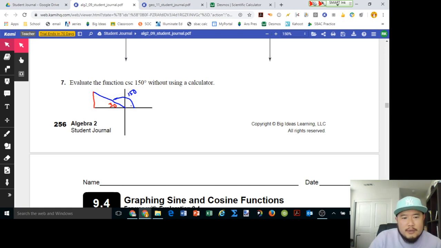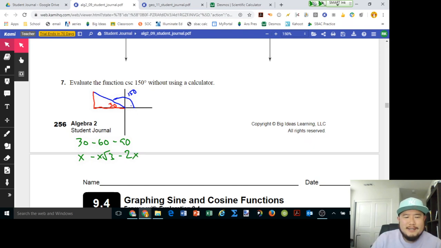And guess what we have right here that'll allow us to figure out our sides is a 30, 60, 90 right triangle. So remember, earlier on in the chapter, we talked about 30, 60, 90. And remember, side opposite of 30 is x, opposite of 60 is x rad 3, and then opposite of 90 is 2x.